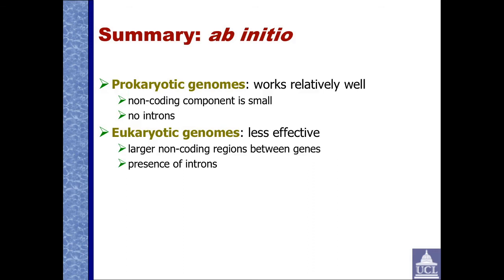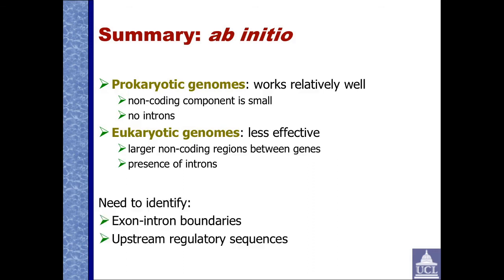We have larger non-coding regions between the genes which can often confuse us because we may have pseudogenes that look like genes but actually aren't, and also because of the presence of introns. We need to get the intron-exon boundaries predicted correctly, and we also need to find these upstream regulatory sequences to be sure that what we're looking at is a real exon.